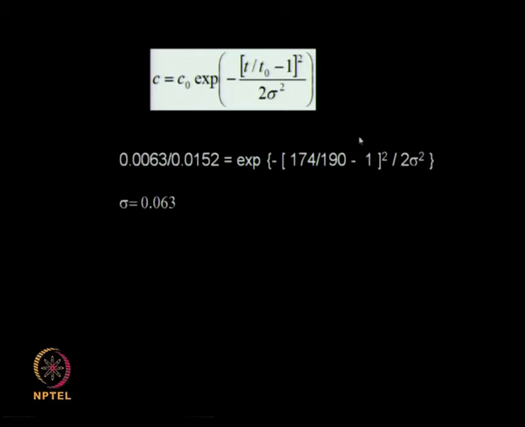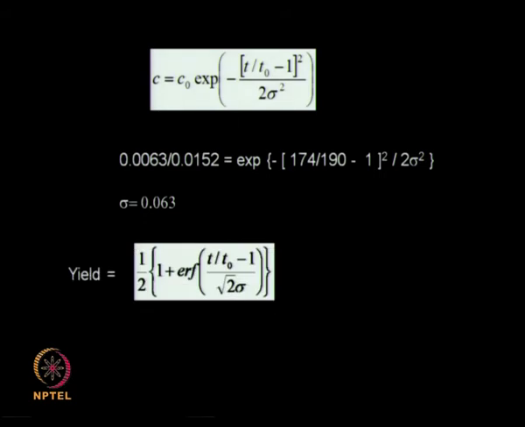Okay, anyway, once I calculate sigma, I can calculate the yield by using some other equation. I introduced the concept of yield long time back, several classes back. Okay, now yield is given by half multiplied by 1 plus error function. ERF is something called error function, of (T by T naught minus 1) divided by square root of 2 into sigma. Okay, why does this come?